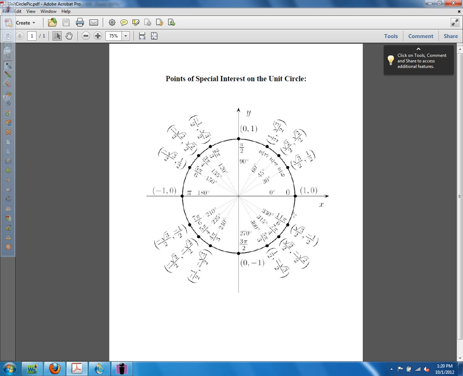We're only looking over here. Anybody have an idea? Right here, my tangent is minus 1/2 divided by square root of 3 over 2, which is minus square root of 3 over 3. So my inverse tangent of negative square root of 3 over 3 is negative pi over 6.